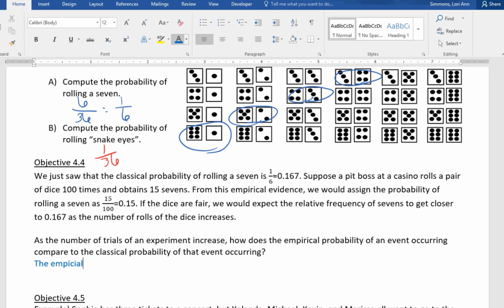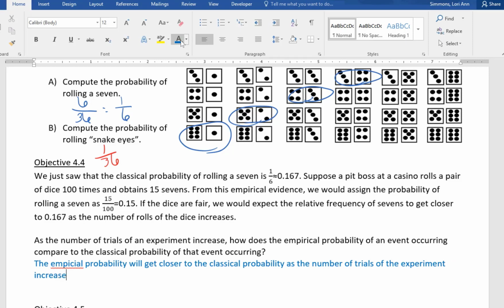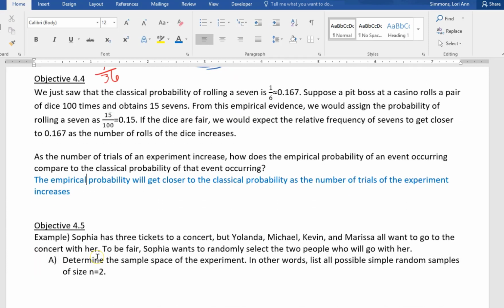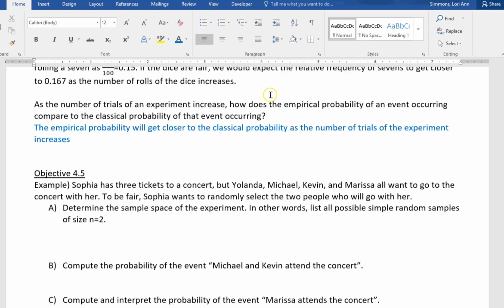The empirical probability will get closer to the classical probability as the number of trials of the experiment increases. So the more trials you have, the closer you are going to get to the classical probability.